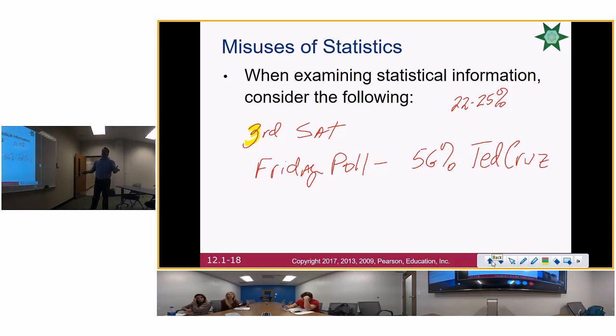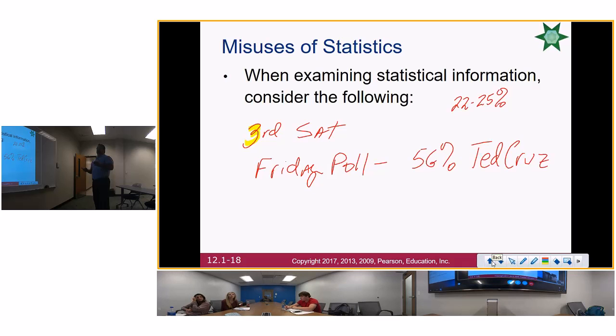There were 18 Republicans, so of course he wasn't going to have a very high amount. The 17 that he beat out, he was running about 22 to 25%.